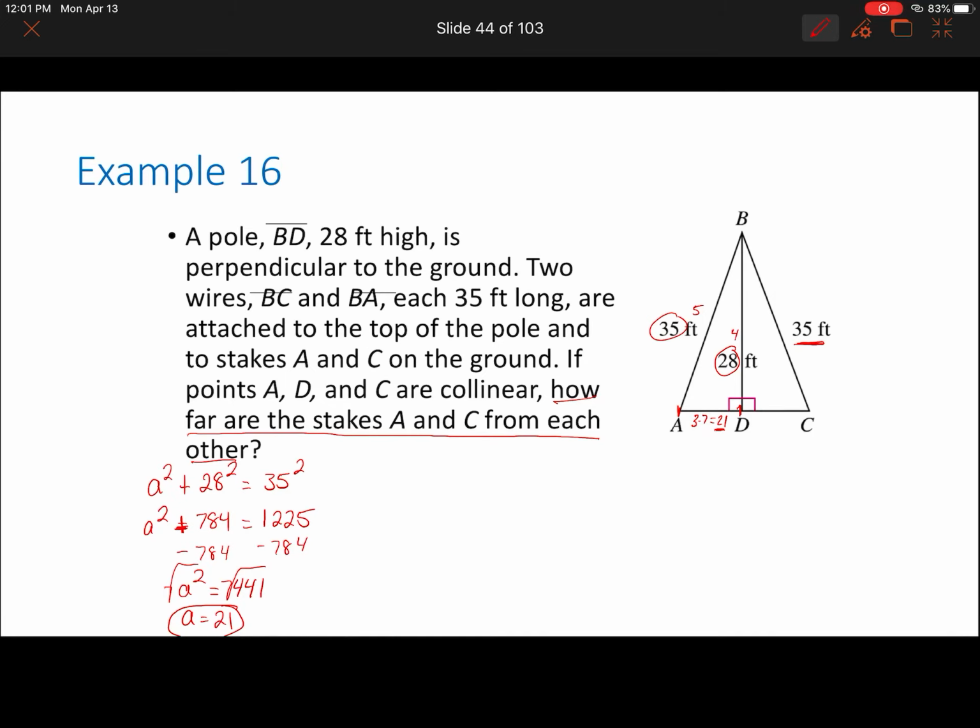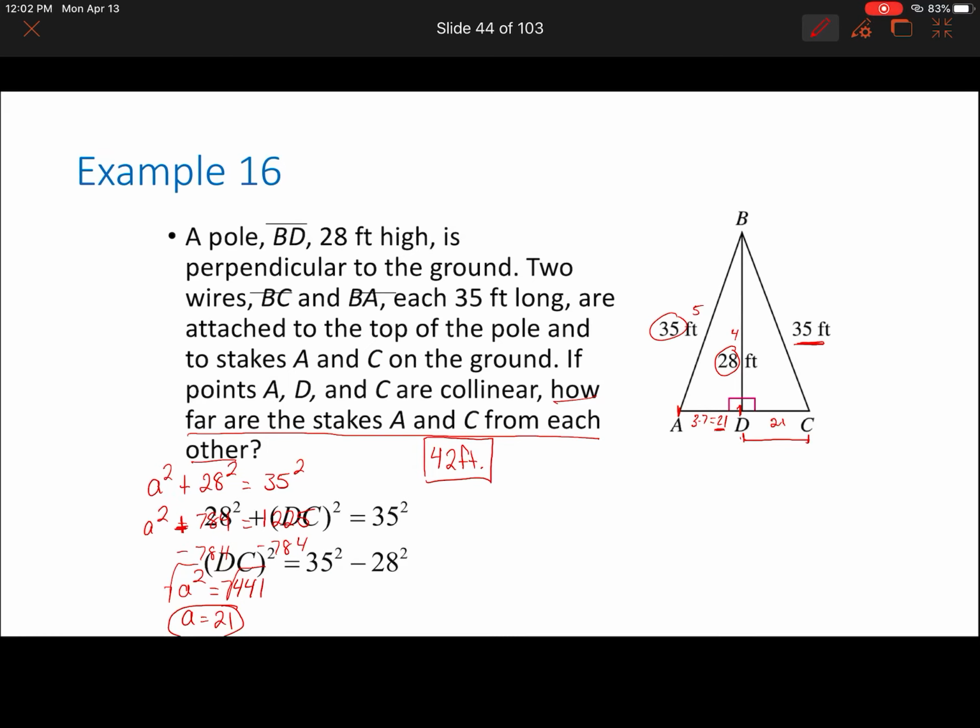So that means that DC, this length, must be the same as AD. And so it's also 21 feet. And 21 plus 21 obviously is 42 feet. And so there is our answer for that one.